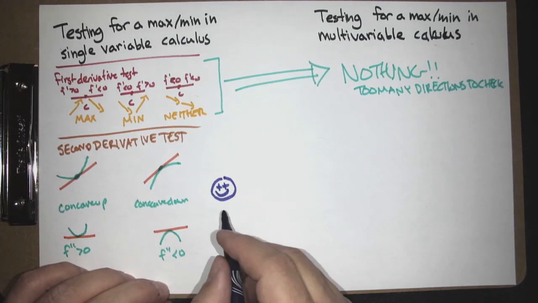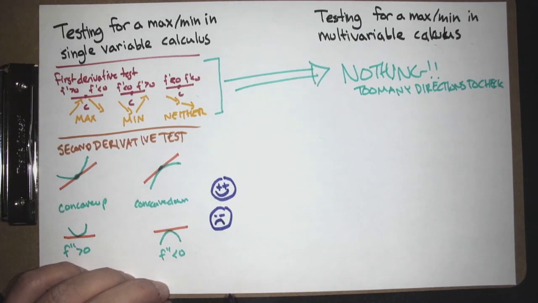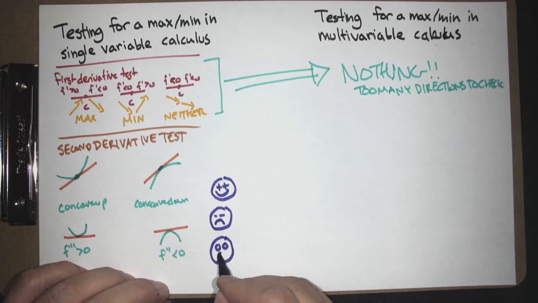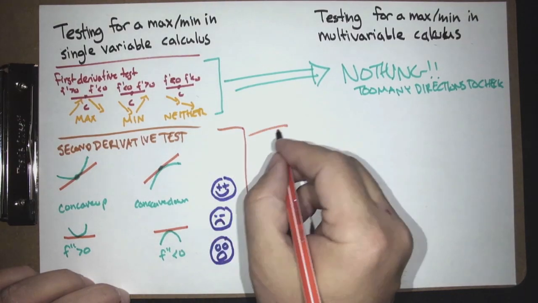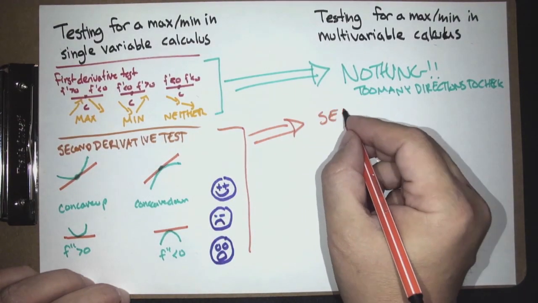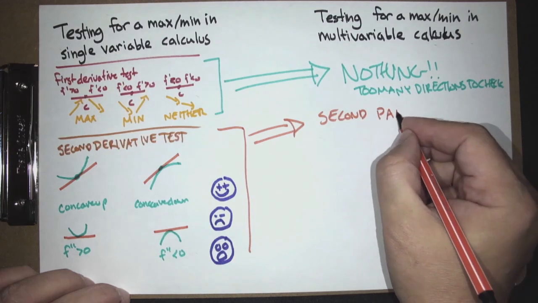So we're at a min. If the second derivative is negative, we locally look like that. So we're at a max. And if our second derivative is 0, we channel the portrait of the scream. We don't know. We don't know. All right. So those are our cases. So second derivative tells us how we come off the tangent line. Is there something in multivariable calculus for that? The answer is yes. It's called the second partials test.